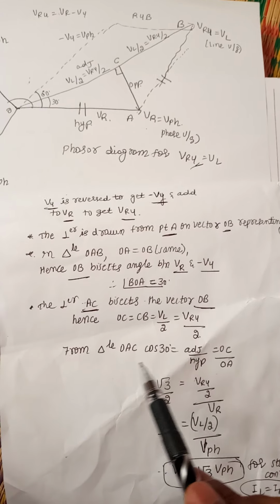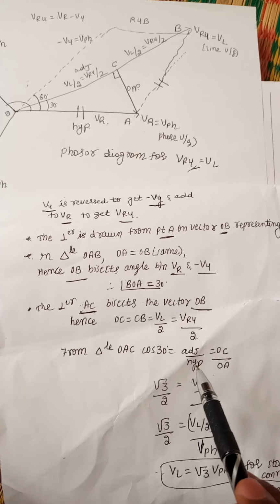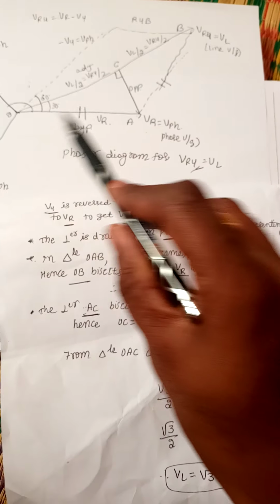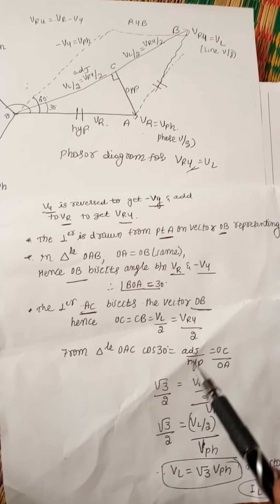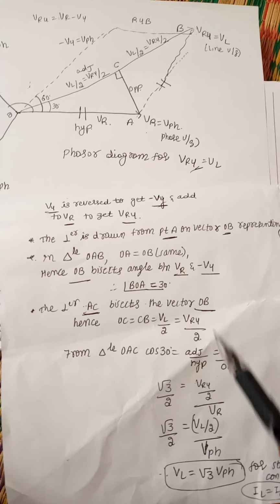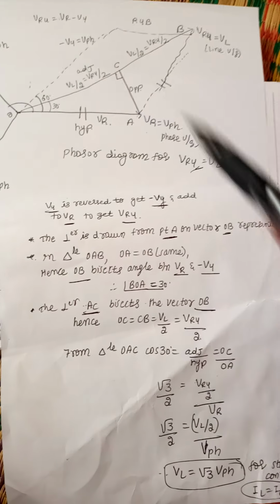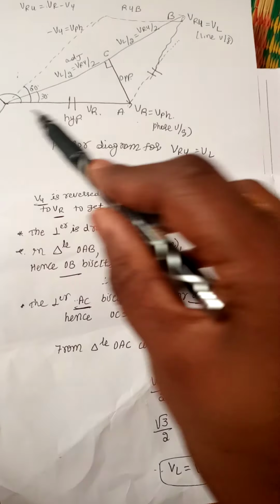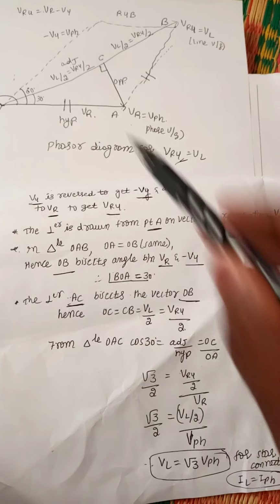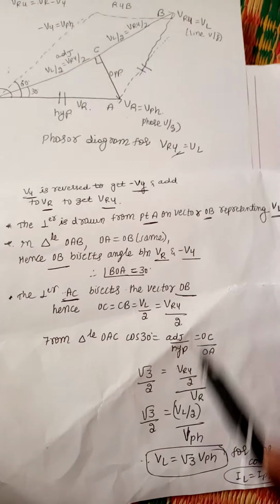If you consider triangle OAC, cos 30 is adjacent by hypotenuse, that is, adjacent value is OC, hypotenuse is OA. So cos 30, which is root 3 by 2, is equal to OC value VR by 2 and OA value VR. VR by 2 is also called VL by 2.